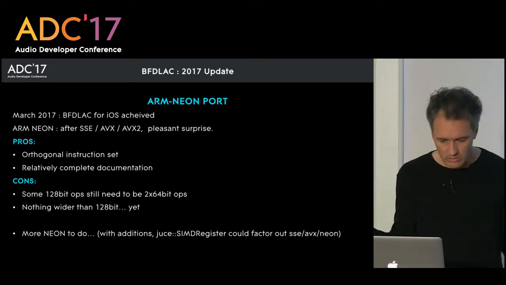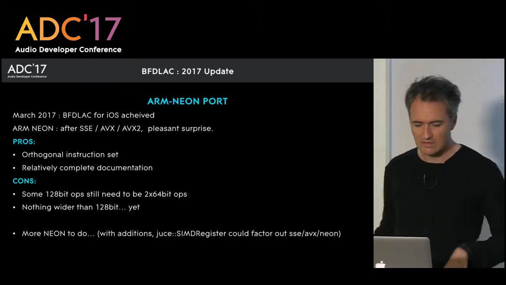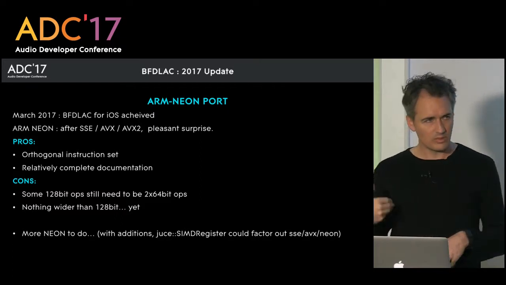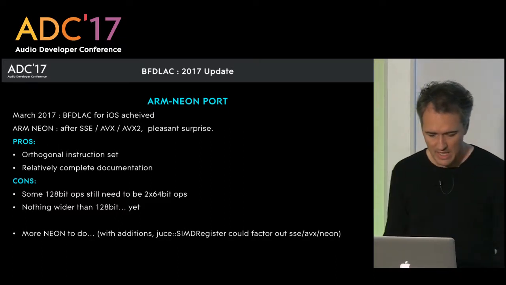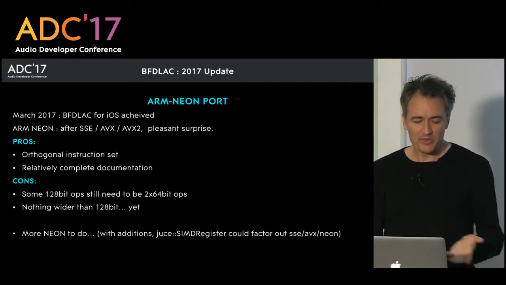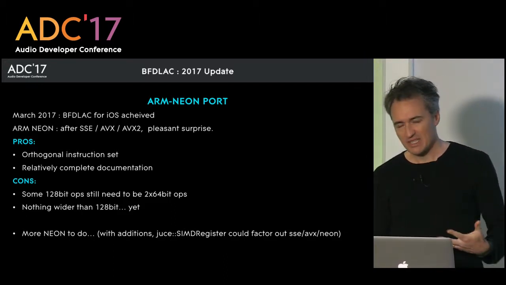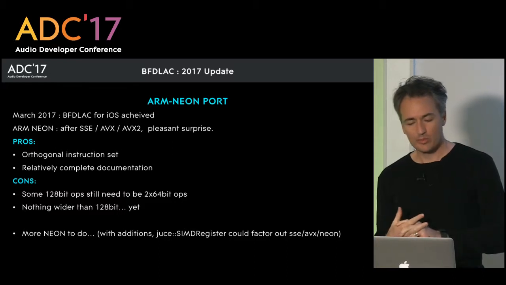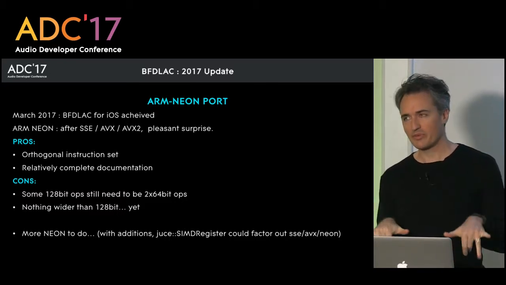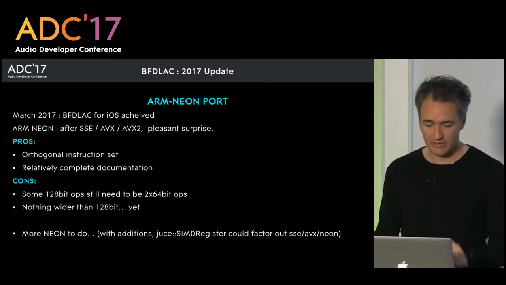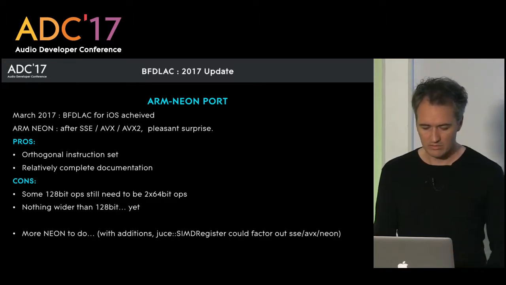There's an orthogonal instruction set, good heavens, and the documentation actually explains what all the parameters do. This is mind-blowing. There are some things which are problematic in that ARM only goes up to 128-bit operations at the moment, and some of the operations needed in BFDLAC are still only represented as pairs of 64 bits. But yeah, Neon's great.